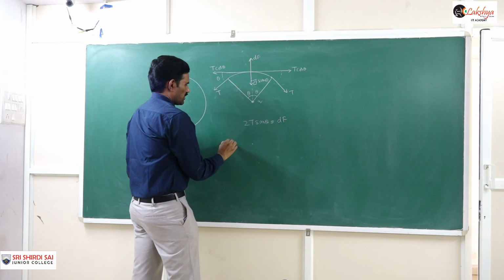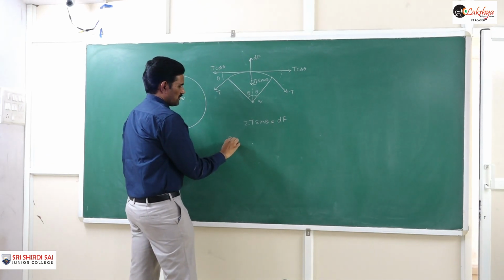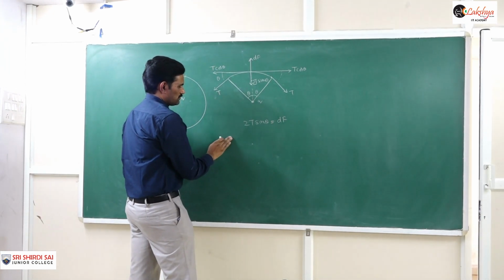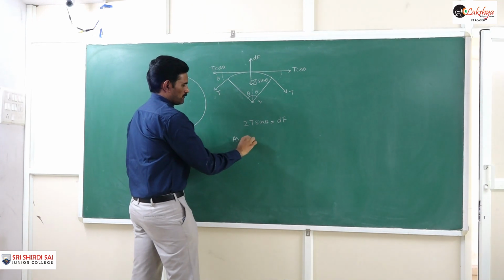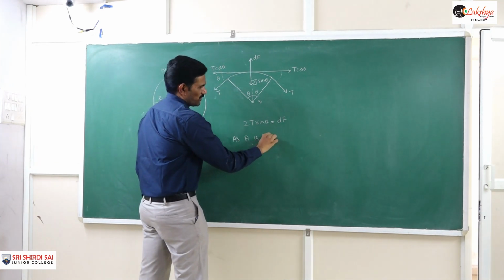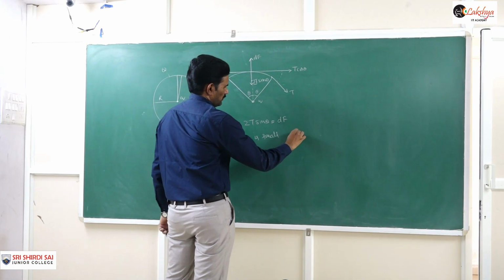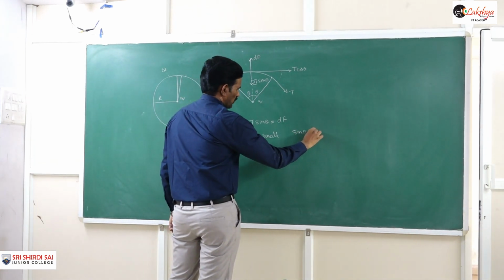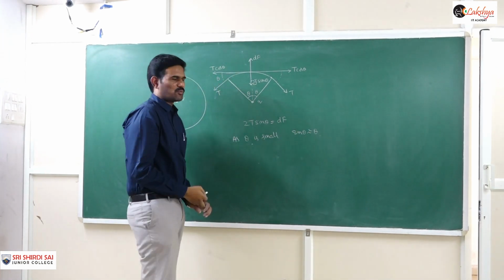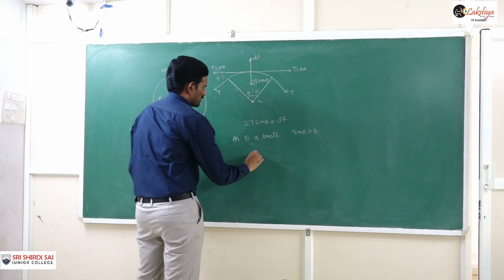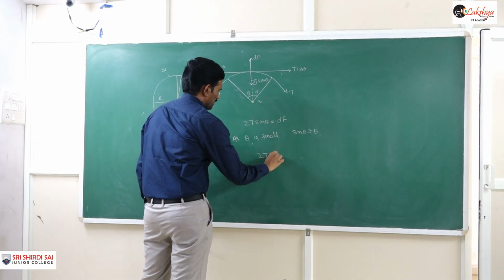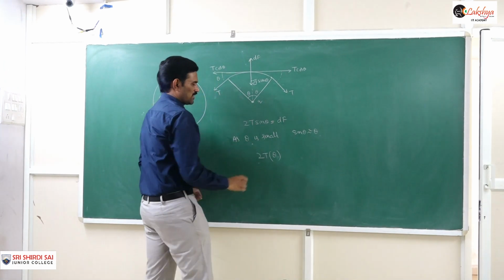Here we can mention that theta is small, since we are taking a very small element. So sin theta can be approximately taken as theta. That is the approximation. So I can write this as 2 into theta. Instead of sin theta, I am taking theta.